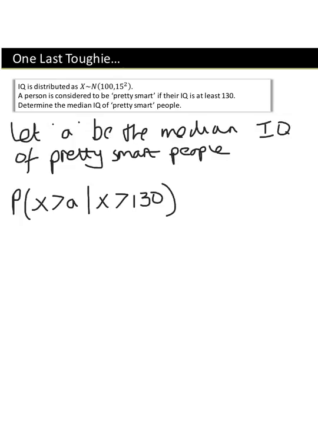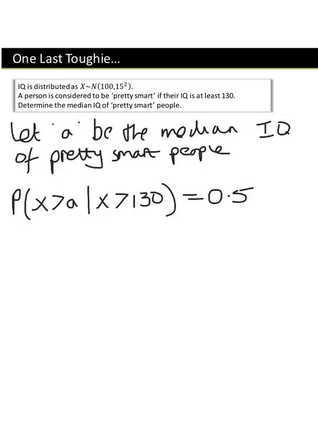So if we're just looking at our pretty smart people, so that's everyone with an IQ of at least 130, then the median of that is going to be A. The probability of it being above A, halfway between those people, is therefore going to be 0.5.